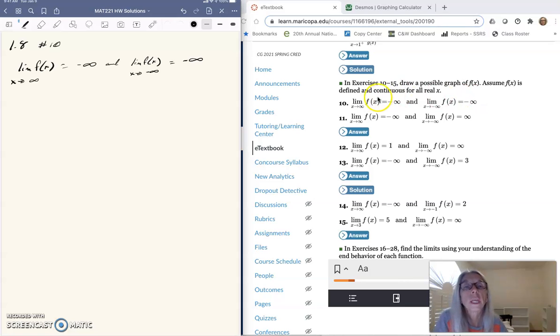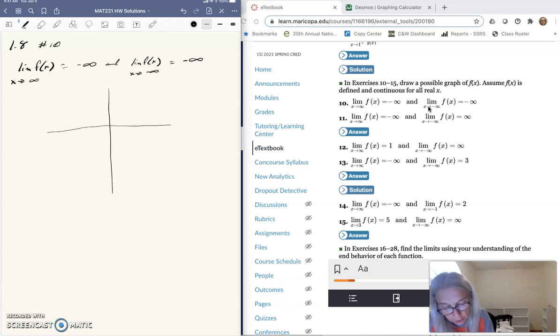Whenever we're looking at x approaching infinity or negative infinity, we call that end behavior. It tells us what's happening to our graph for large positive and large negative values of x. What it doesn't tell us is anything about small values of x.